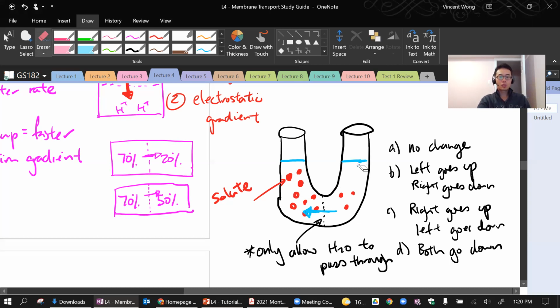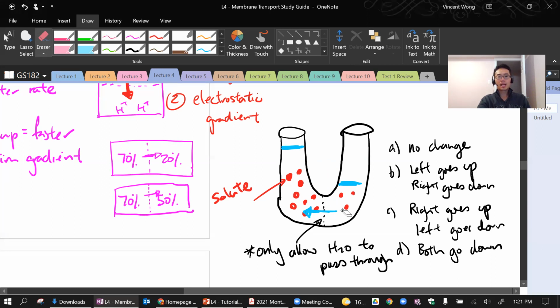Okay, and as water goes through, the right side level will drop, and the left side level will go up. More importantly, okay, listen carefully, what does that achieve? By dropping the water level on the right, now you have the same amount of solute, but in less volume.